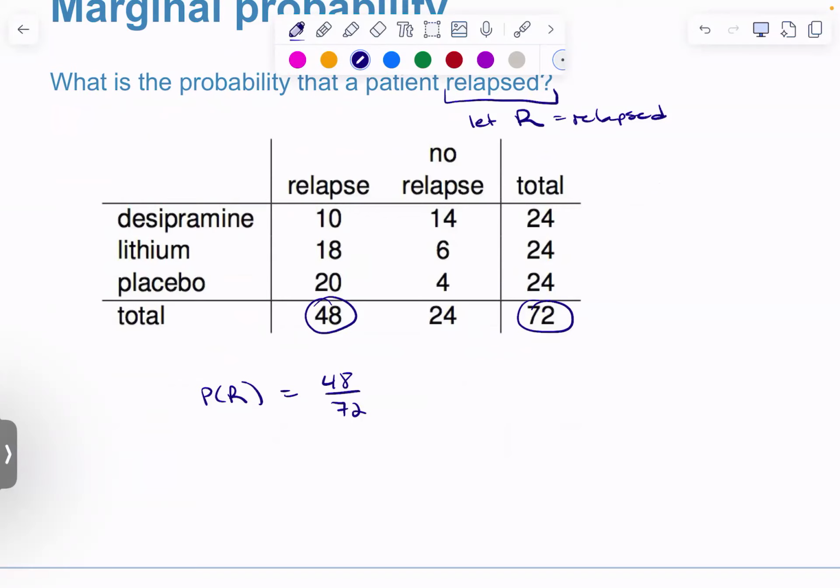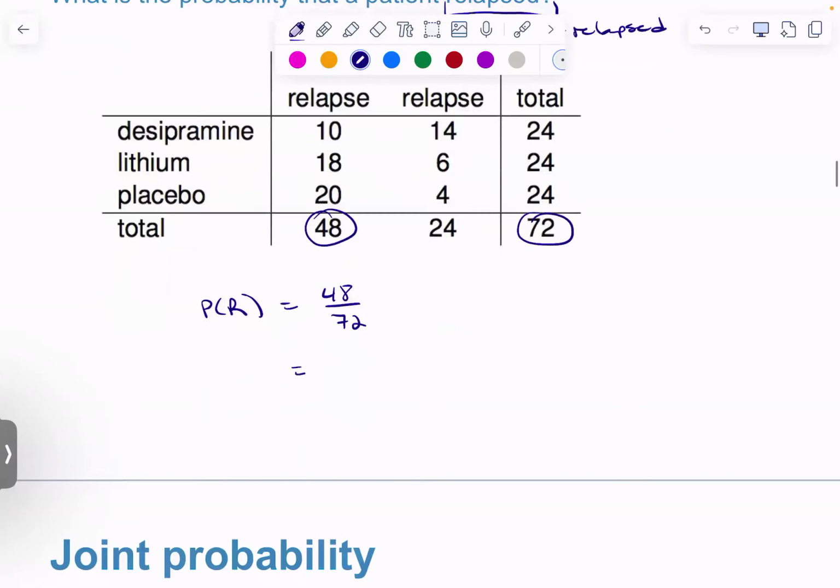Since there are only 2 outcomes, they either relapsed or they didn't. Let's find this as a decimal because it's easier. 48 over 72 is 2 over 3. I'm going to use a rounded value, approximately equal to 0.667.